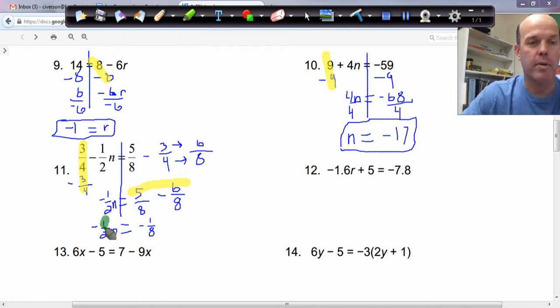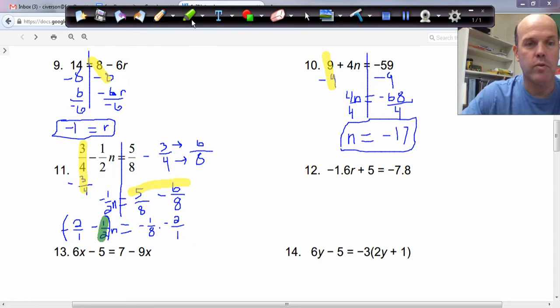I have to multiply by the reciprocal. So the reciprocal is going to be 2/1 negative, so that when I multiply these two together, they cancel out. But then I got to multiply this side by a -2/1. Right?